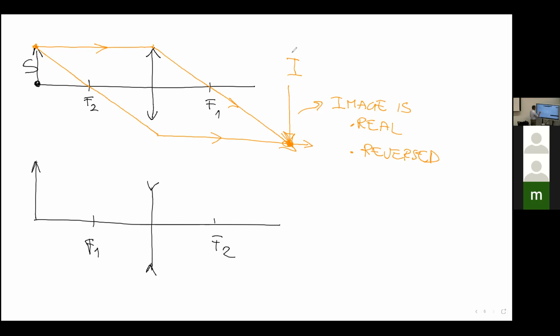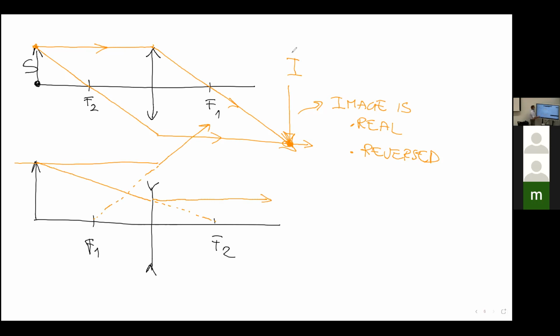The beam that is going here, where does it go? To F1. It must go to F1, so it's doing this. Okay? Then the beam that should go to F2 is transformed to a beam that goes here.